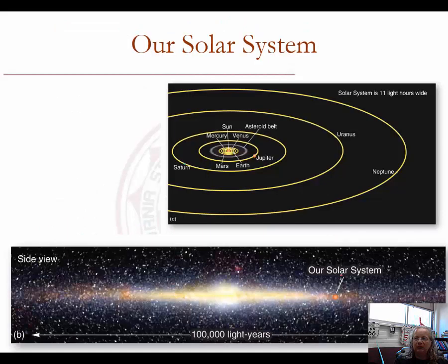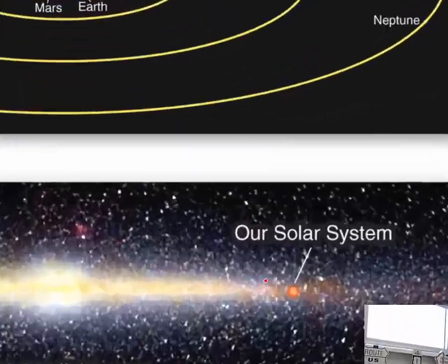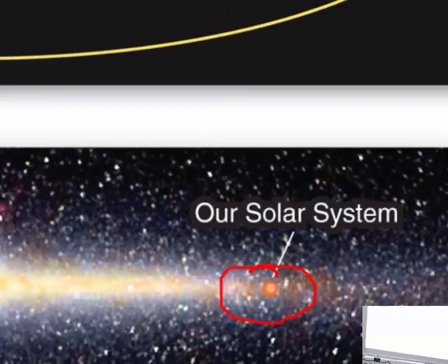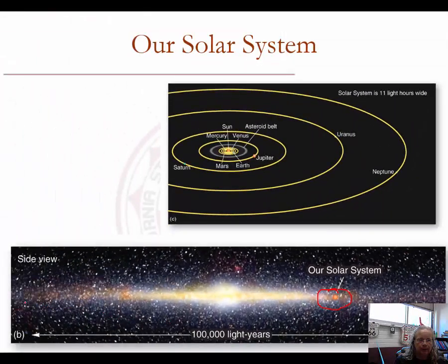So here's us, this tiny little spot in our solar system, and here's our solar system in just the Milky Way. It's 100,000 light years across.